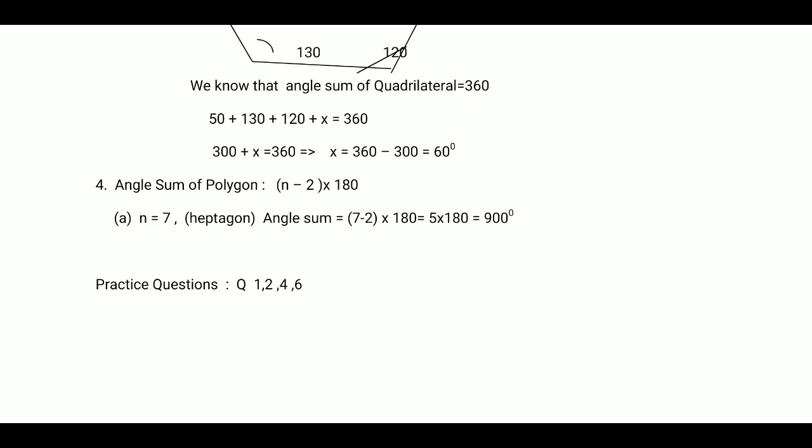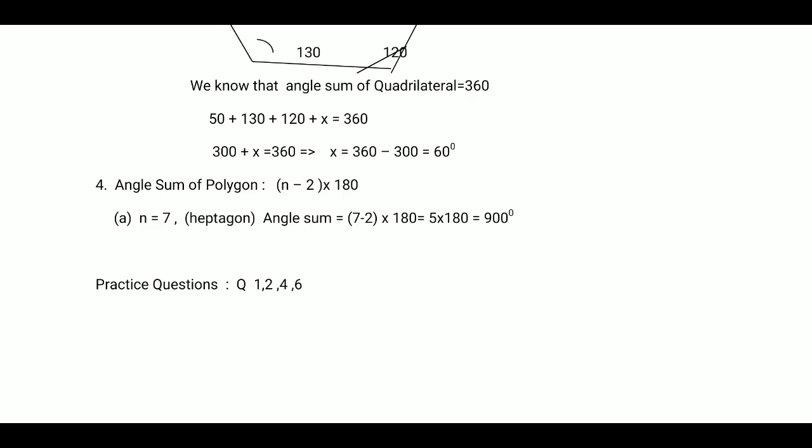And the fourth question is there, whose one part is angle sum. How will you find the angle sum? As we know, the angle sum of a polygon is equal to (n minus 2) into 180. That means if we have the value of n, we put the value of n here. Suppose the value of n is 7 in the first part, that is a heptagon.